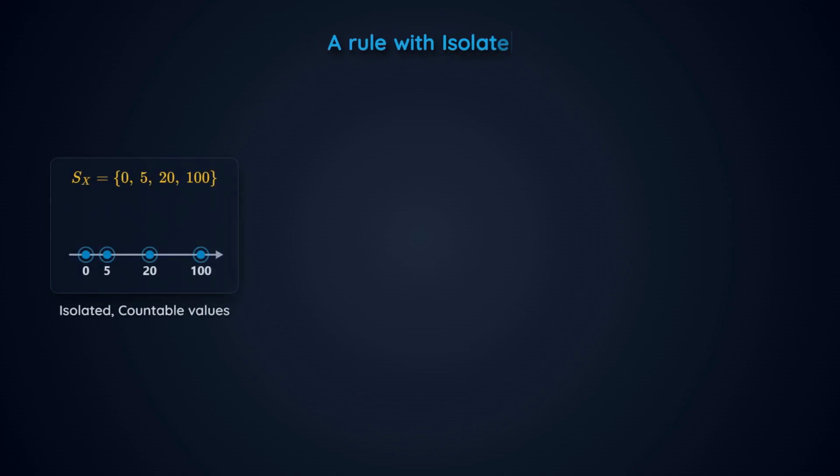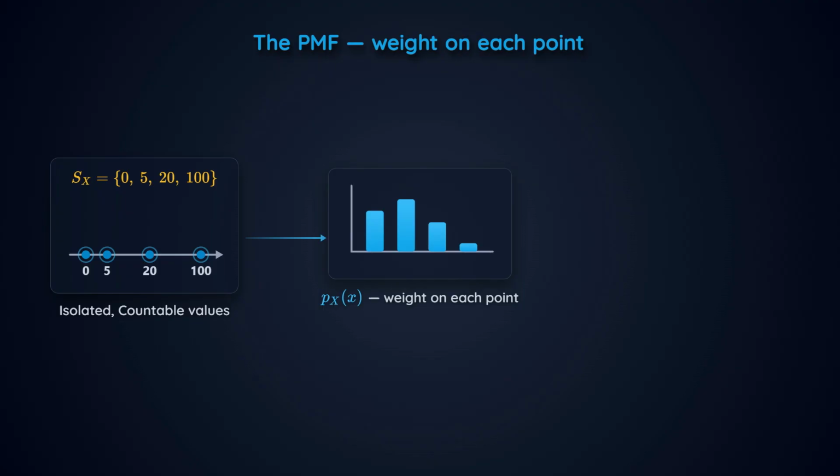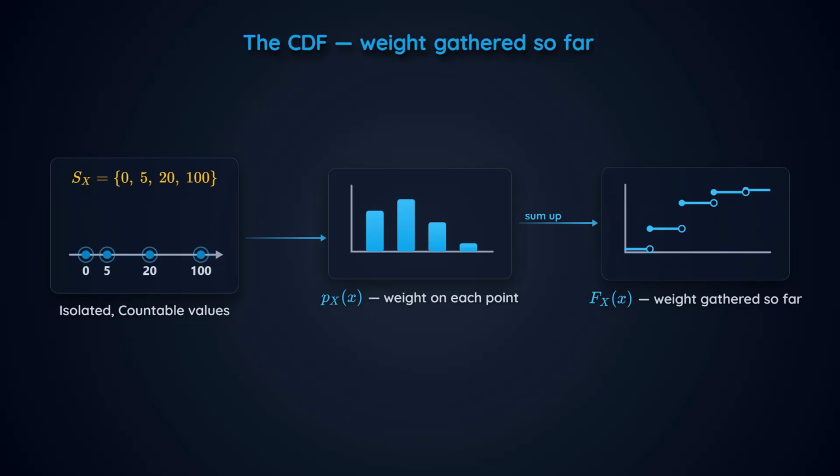Let's pull it all together. Everything today rests on one picture and two tools. A discrete random variable is a rule whose values are isolated, separated points you can count, like stepping stones. First tool, the probability mass function, how much weight sits on each point. Second, the cumulative function, everything gathered so far.